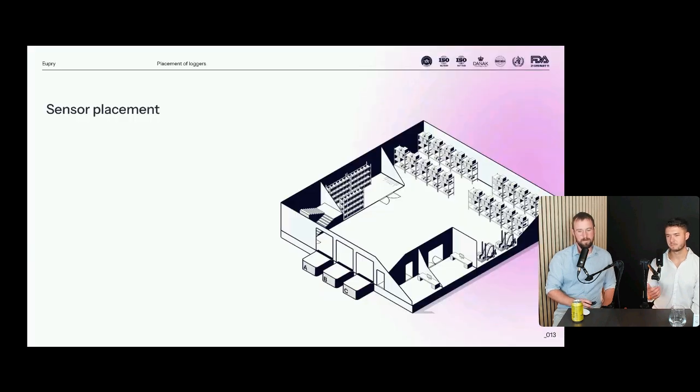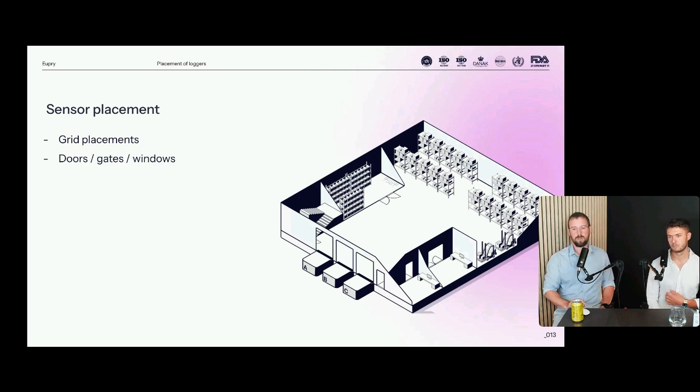So in terms of the sensor placement, just to get really specific again, the grid placements, which are the ones you place in your corners and the center volume, know that those are based on a risk that there's an inhomogeneities. So you can use that in order to often lower the amount of sensors. And secondly, doors, gates, and windows, those always pose a risk.